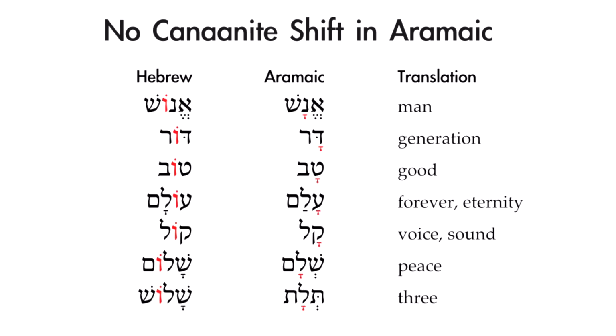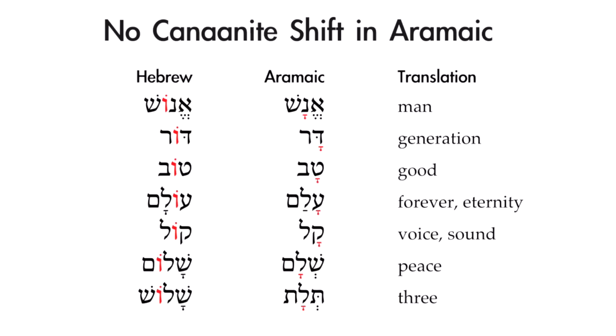These words are enosh, dor, tov, olam, kol, shalom, and shalosh. You will observe in each of the forms a red holem vowel. Now originally in Hebrew, before Biblical Hebrew, those were all A-class vowels, not O-class vowels. The Canaanite shift changed them from A to O.